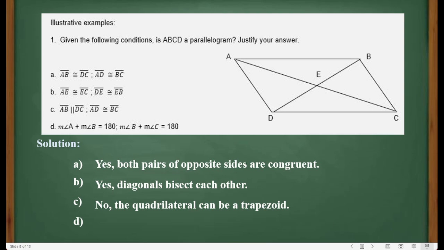Yes. And what is the reason? Any two consecutive angles are supplementary, meaning two angles whose sum is always 180 degrees. Okay? If you don't have any question, we go to the next slide.